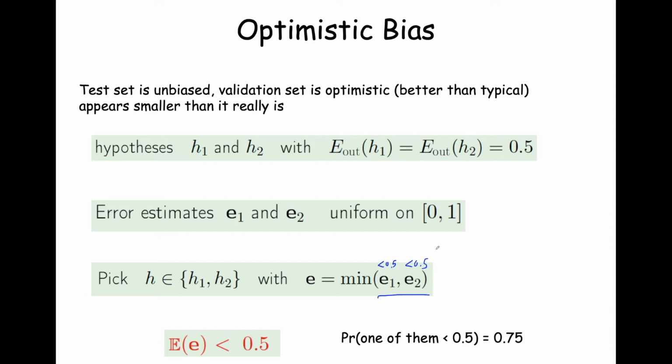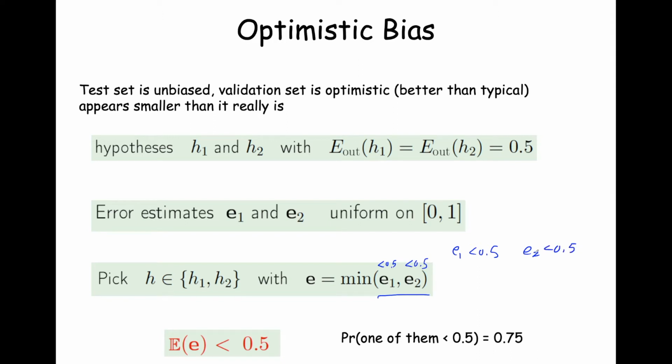And so we took those cases to look at what this probability is, and we found that at least one of these errors has to be less than 0.5 in order for the minimum to be less than 0.5. So we take the two cases where E1 is less than 0.5, and the other case where E2, that should be 2, is less than 0.5.